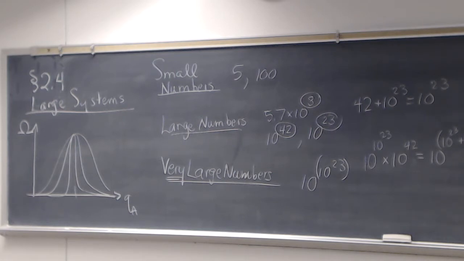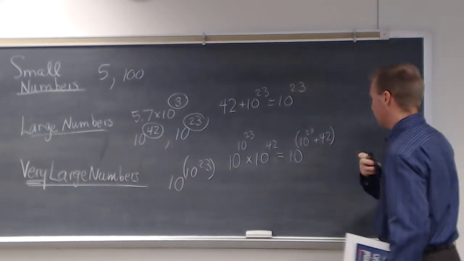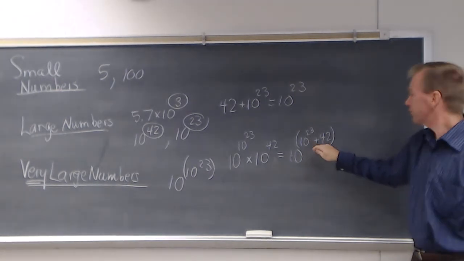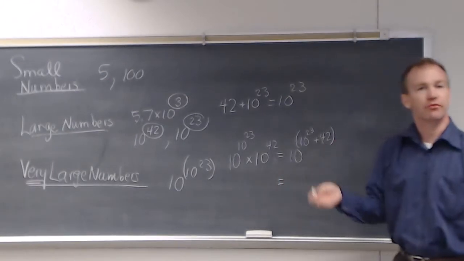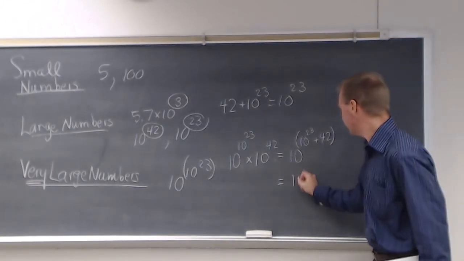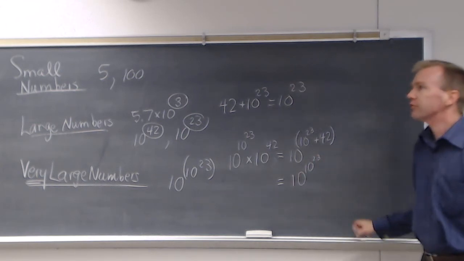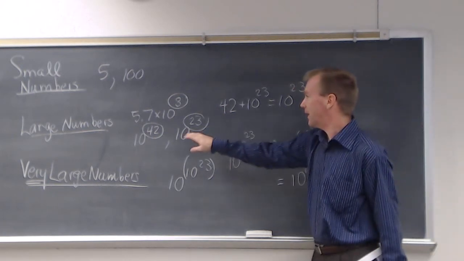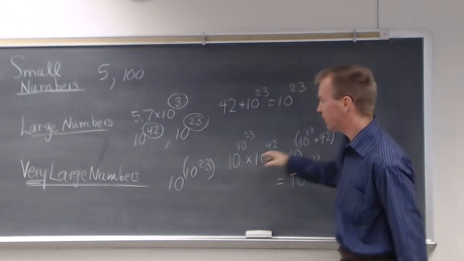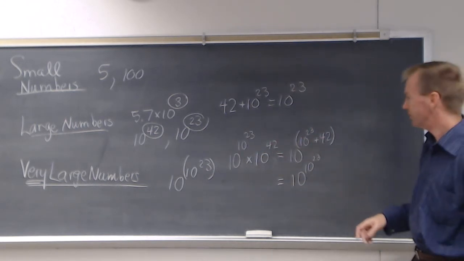And what have we said about the numbers in the exponent there? That's a large number plus a small number. And we've already said that a large number plus a small number is just the large number. So by taking a rule that we already knew from math, and this special property about adding large numbers and small numbers, we can see that very large numbers we can multiply by large numbers without changing them.